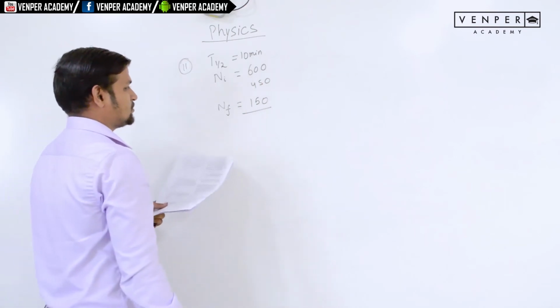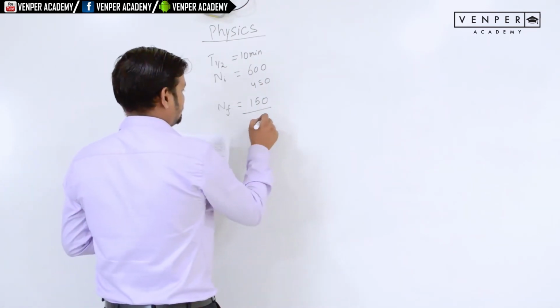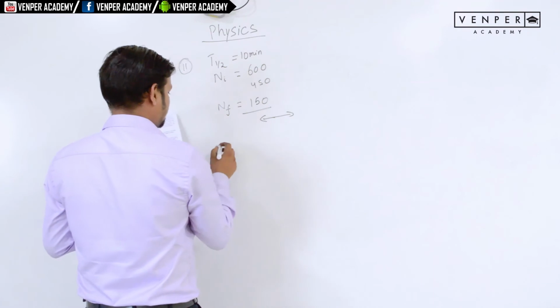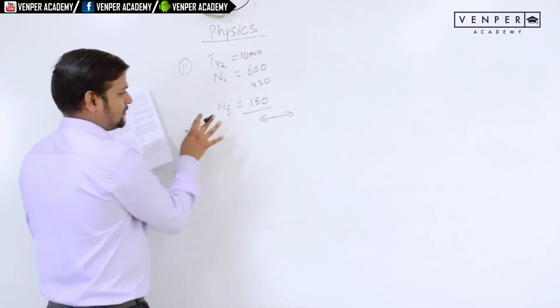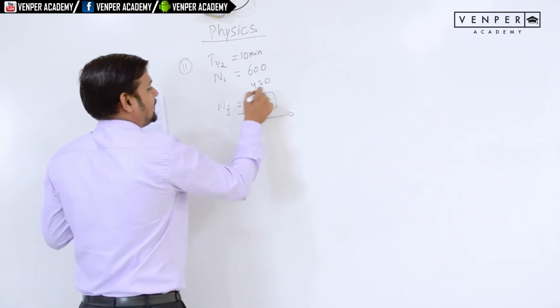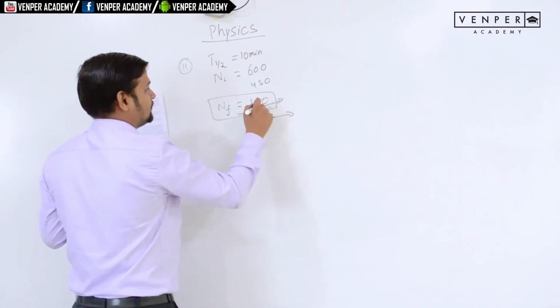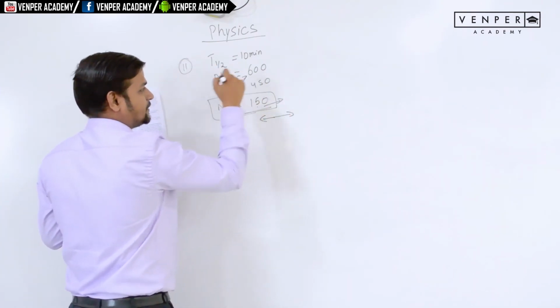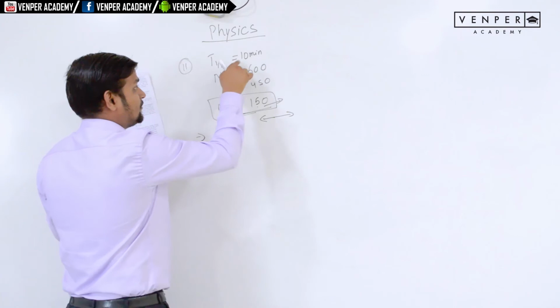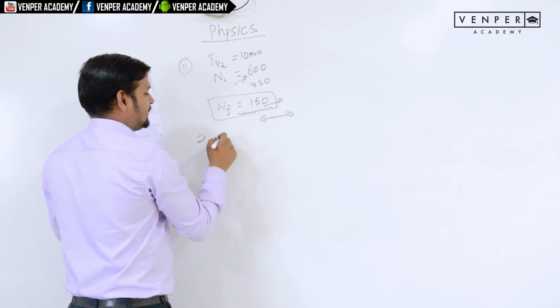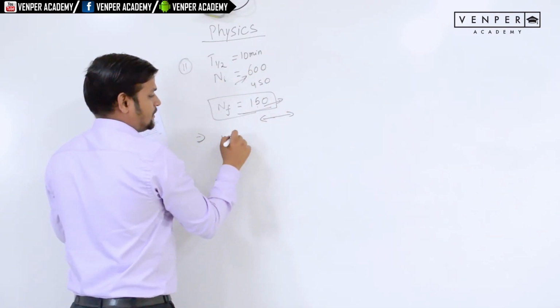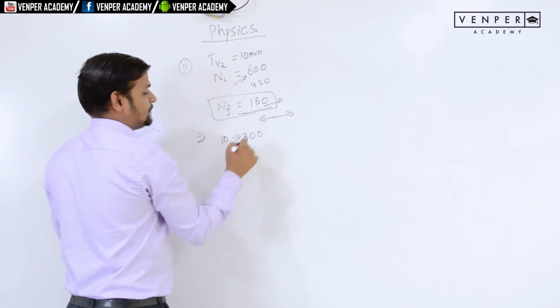So actually there are two methods to solve this one. One is by seeing this generally, what you can say that finally the number of nuclei left is 150. Initially it was 600. Clear? And half-life is 10. So after 10 minutes number of nuclei left is 300.